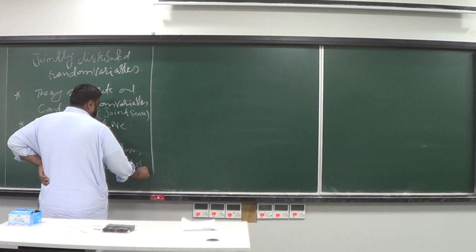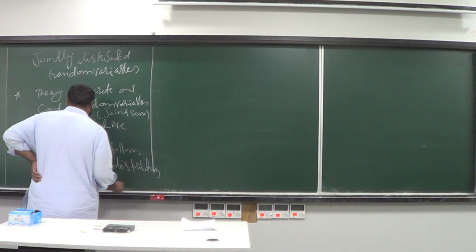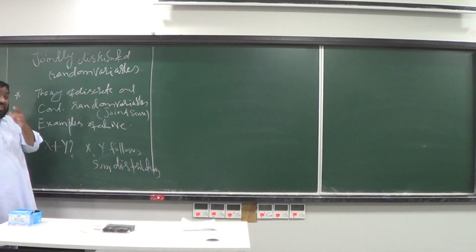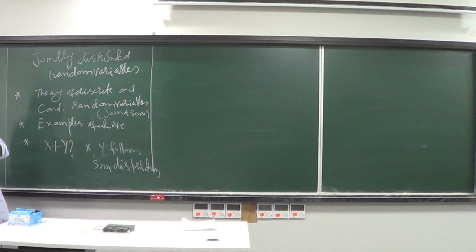If they follow some probability distribution, the question is what would be the joint probability distribution for the sum of the random variables, or the difference of the random variables.